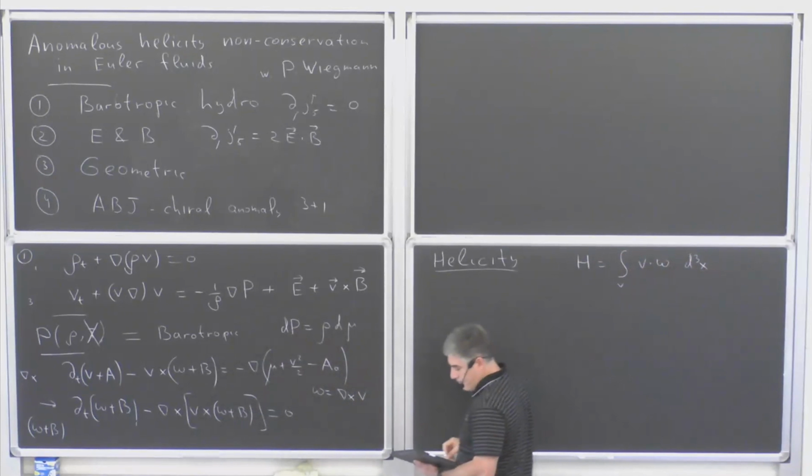So the helicity density is transported, but there is also an additional term, which is this. Okay. But the important thing is that the density of this quantity, namely this object, is locally conserved.